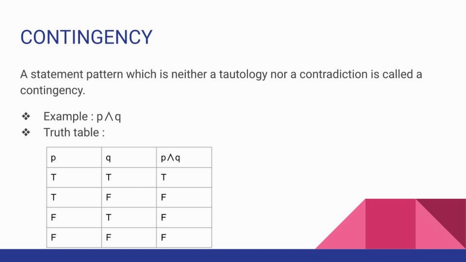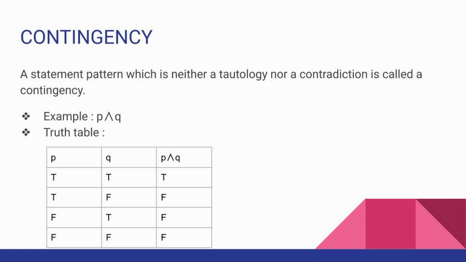Let us draw the truth table. Since we are having two statements, we will be having four possibilities: true, true, false, false for P and true, false, true, false for Q. When we take conjunction of P and Q, you will arrive at the answer true, false, false, false. That means here we have both true and false as their truth values.